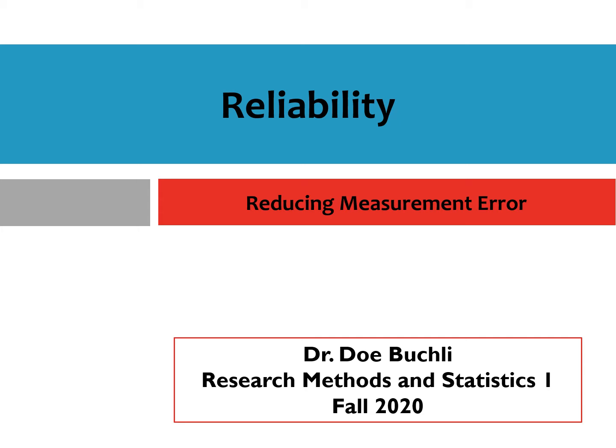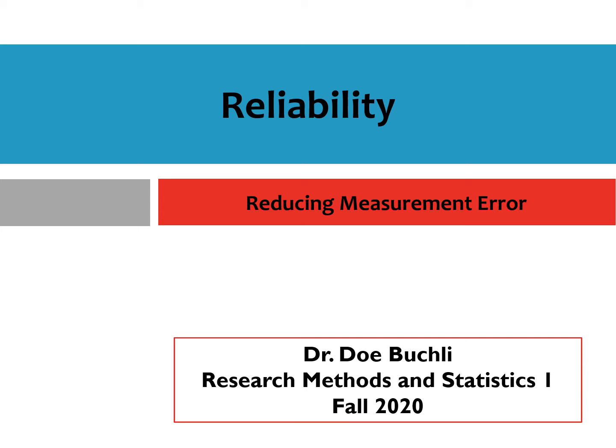With systematic error or bias, if we set our scale to be 5 pounds more than our actual weight, it would always be increasing. And if we set our watch behind by 5 minutes, the obtained score would always be 5 minutes before the true score, which is the actual time.